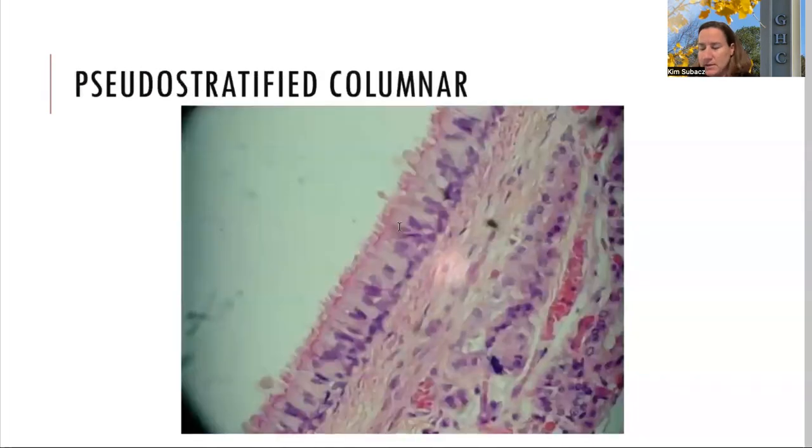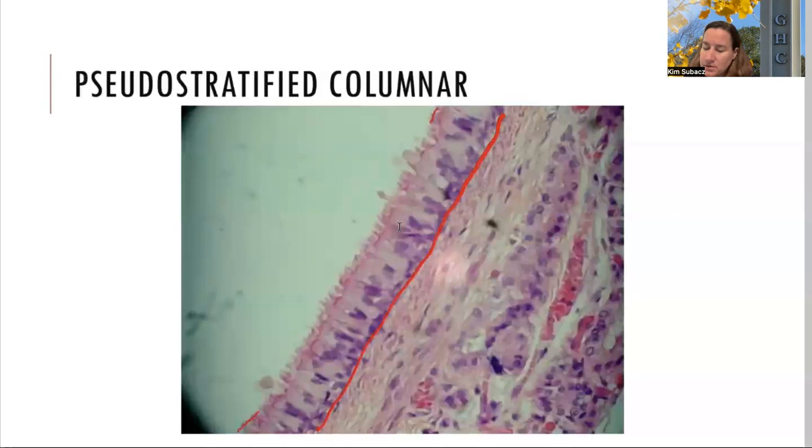Next on the list, remember how we talked about how some of these tissues were one layer thick, and that was simple. And if they had multiple layers all on top of each other, they were called stratified. But then there was a group of tissue that looked like it was stratified, but it's not. This is only one layer thick. Here's its basilar surface right here, and here's the apical surface, all along here.